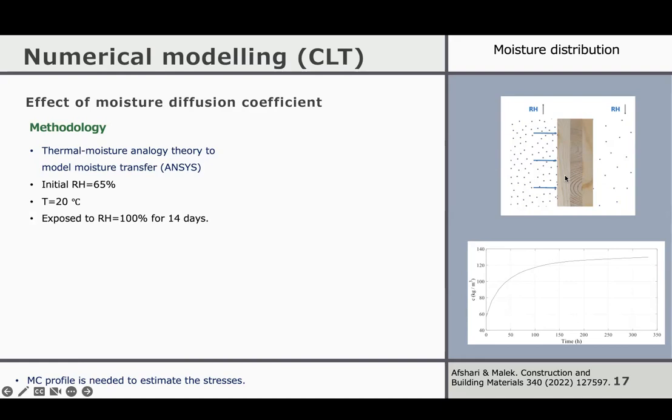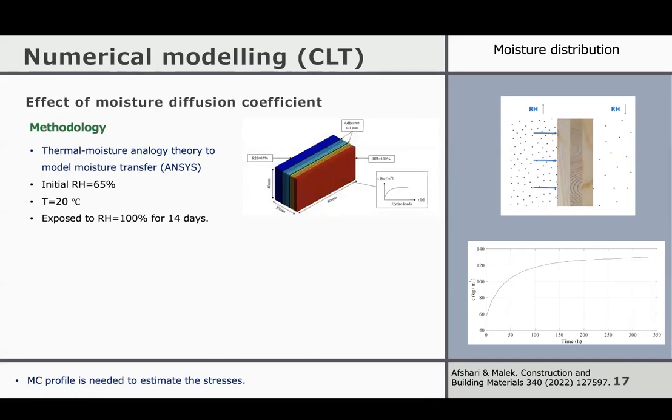This is another step of complexity, because before, we made sure all around the CLT was at the same relative humidity, so left and right didn't change much. Here, we expose one surface to higher relative humidity, we try to model the moisture transport, and based on the moisture transport, we compare the results.